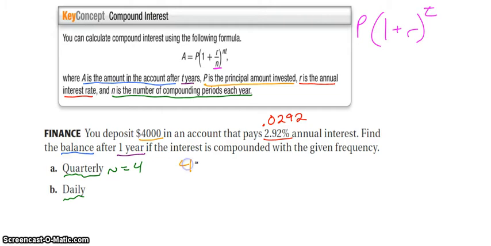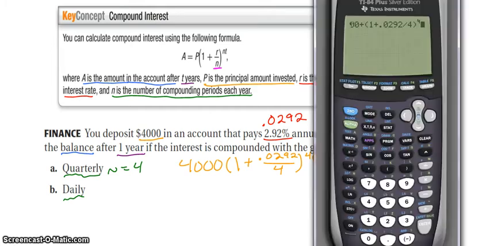So we'll set up our equation. We have 4,000 times 1 plus that rate as a decimal over our number of times compounded, which in this case was 4, to the 4 times my year, in this case was 1. So I type that into my calculator, making sure I have all of my parentheses.